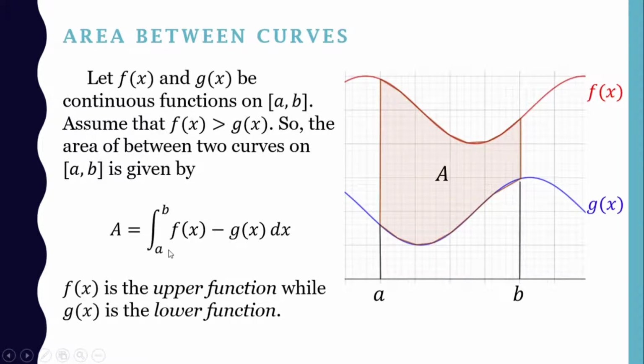Take note, f of x is our upper function while g of x is the lower function. This would change if g of x is greater than f of x. In that case, g of x will be the upper function and f of x the lower function, and you simply reverse the positions of f of x and g of x here.